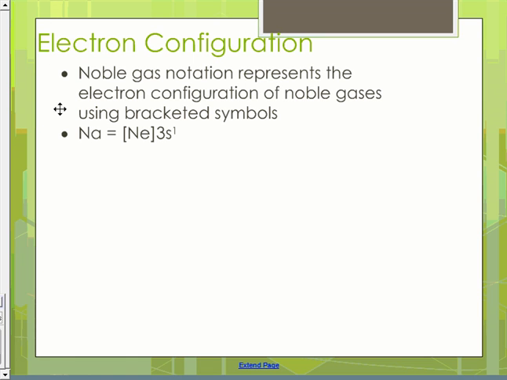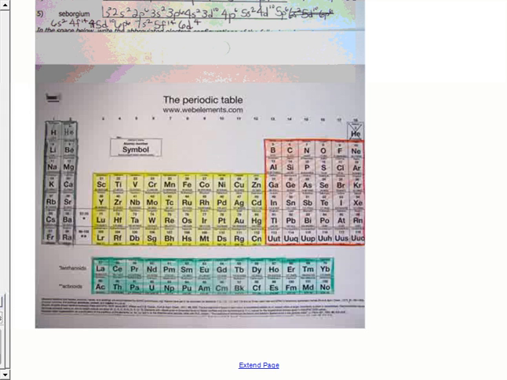Well, for that last one that we looked at, we could use what's called noble gas notation, which takes it down, and you have to go back to your previous noble gas. So for seaborgium, that would be Rn here, and we would put the Rn here because that's our last noble gas. And then we go through and we write everything that would be past that.